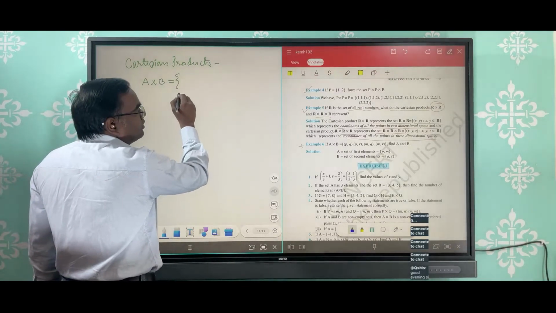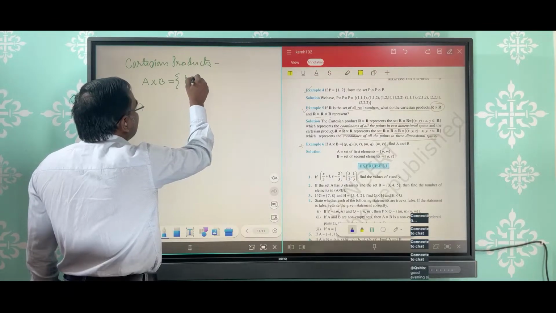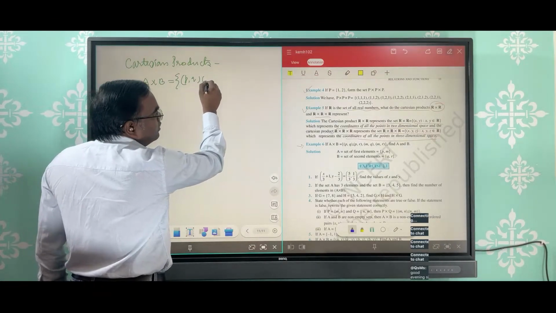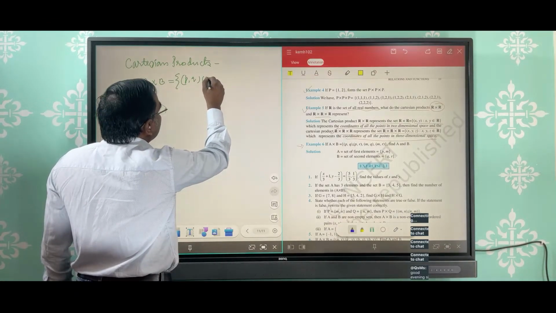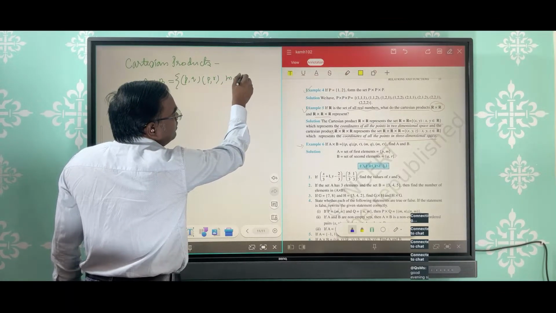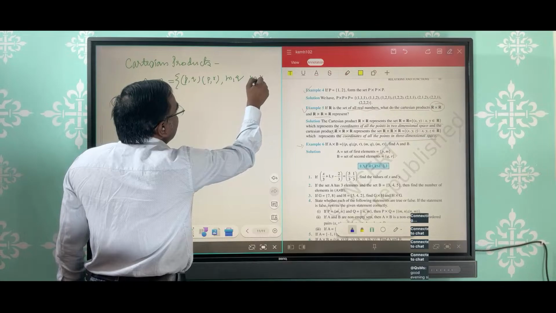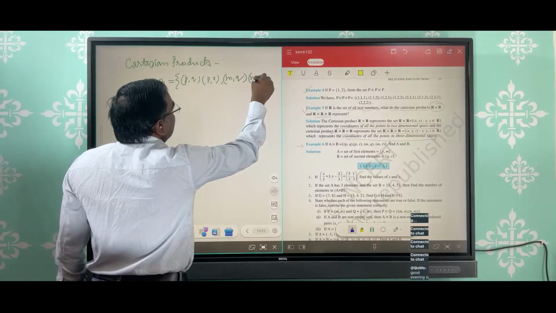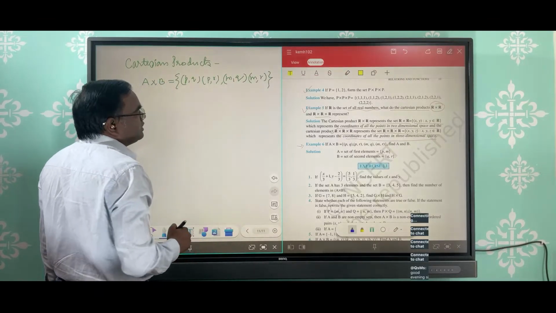That is PQ, PR, MQ, MR. That is the thing. Find A and B.